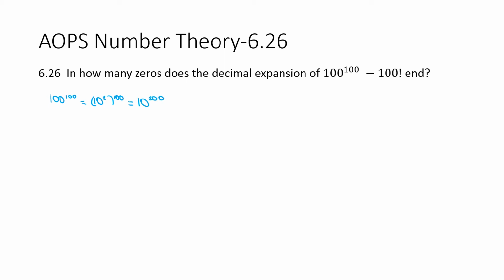Since it's 10 to the power of 200, that means it has 201 digits, because it's a 1 followed by 200 zeros.